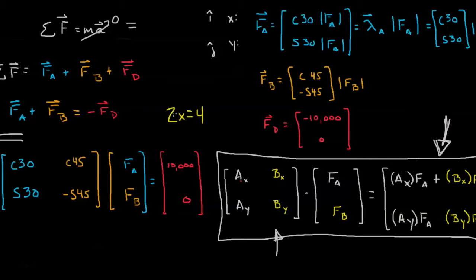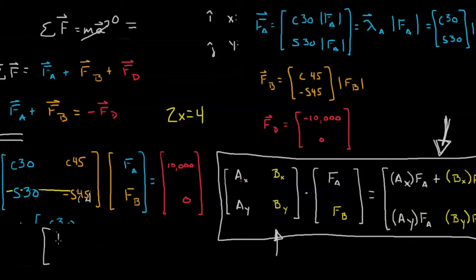And what do we do? We multiply both sides by a half. So we're going to multiply both sides by the inverse of this matrix right here. Well, that's going to leave, on our left-hand side, the identity matrix. And on our right-hand side, that's basically going to look like this.